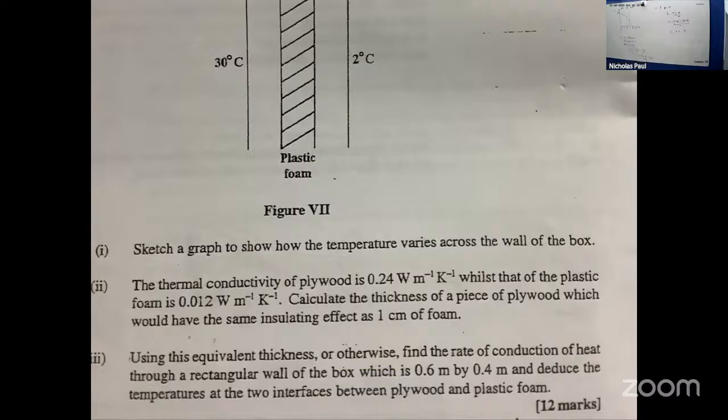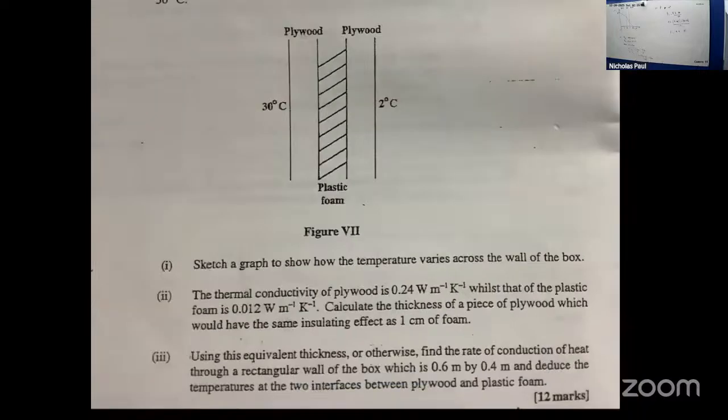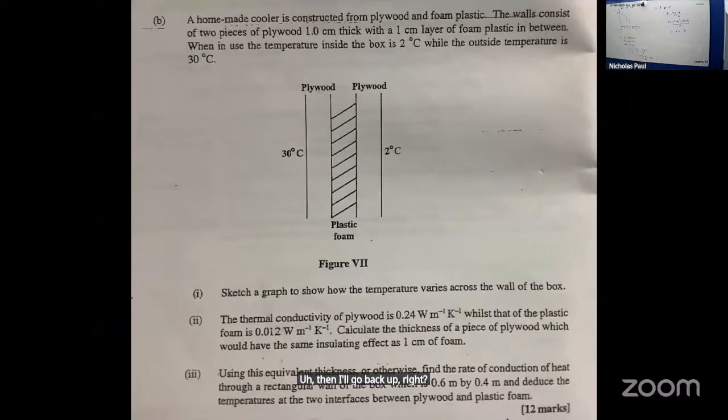That's the question, right? They're asking the same thing. You always have to add and divide.